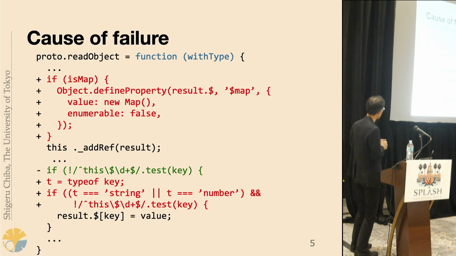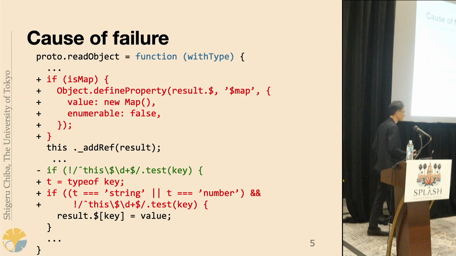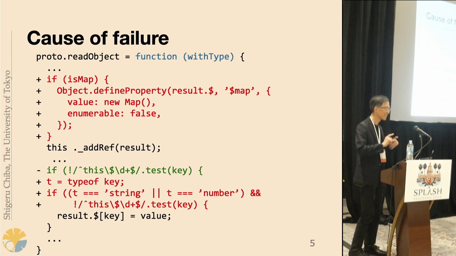In this particular case, the change was the condition for the if statement. At the beginning, it simply checks this, but for some reason, the developer changed this if expression in that way, and that changed how the null case is handled a little bit. Basically, the developer misunderstood the specification of this Hessian protocol and caused a bug.